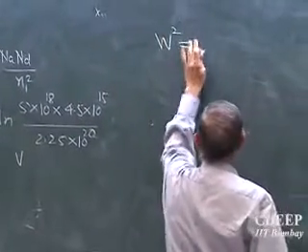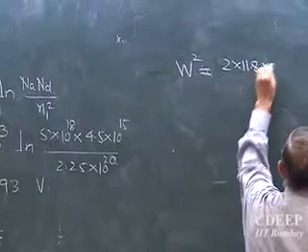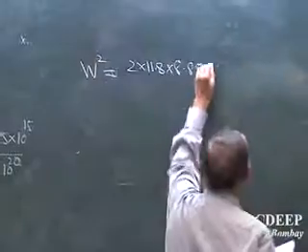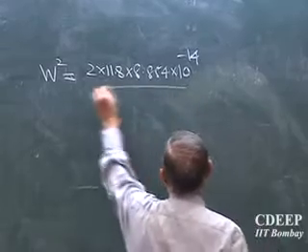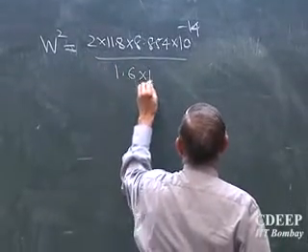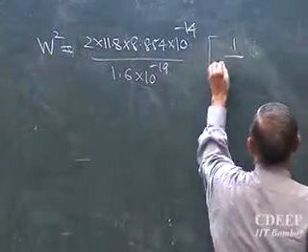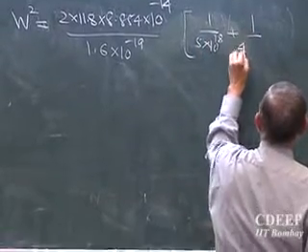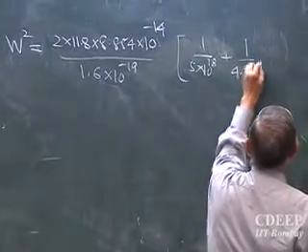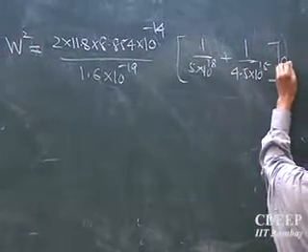W right now we may call W square. It is 2 into 11.8 into 8.854 into 10 to the power minus 14, divided by 1.6 into 10 to the power minus 19. Then the bracket 1 upon 5 into 10 to the power 18 plus 1 upon 4.5 into 10 to the power 15, into 0.69.